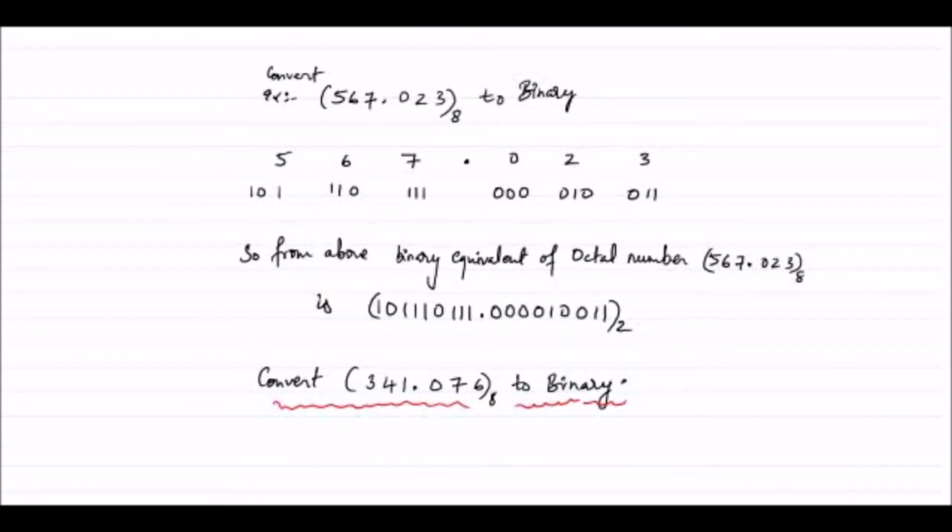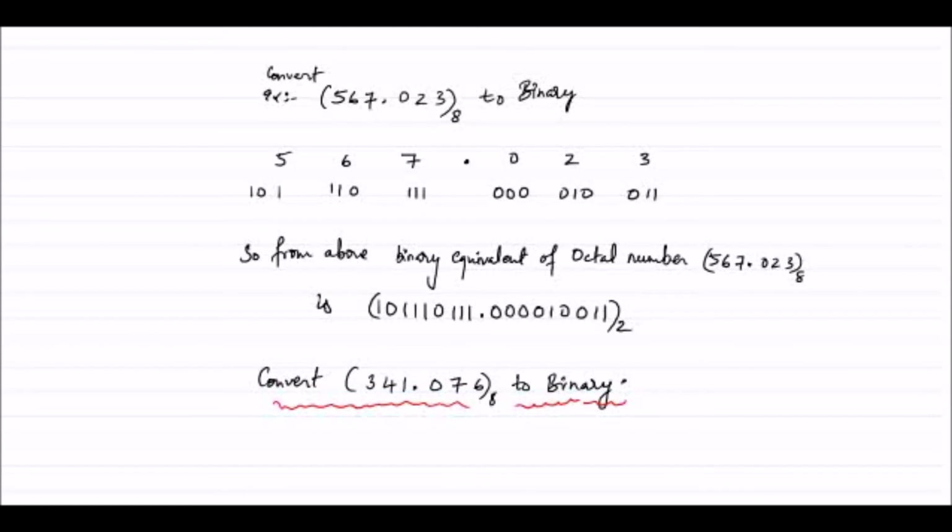Okay, let us consider another example for octadecimal to binary conversion. The example is 567.023 base 8 to binary conversion. So this is the octadecimal number, and I am converting this octadecimal value to a binary number. I have to write these values, and each individual binary value is represented at the bottom.